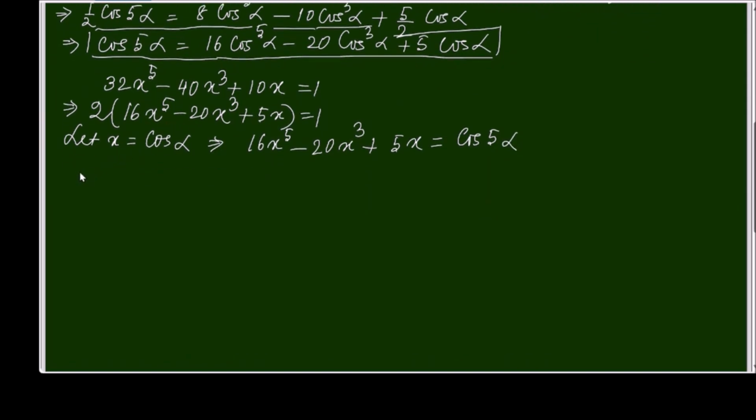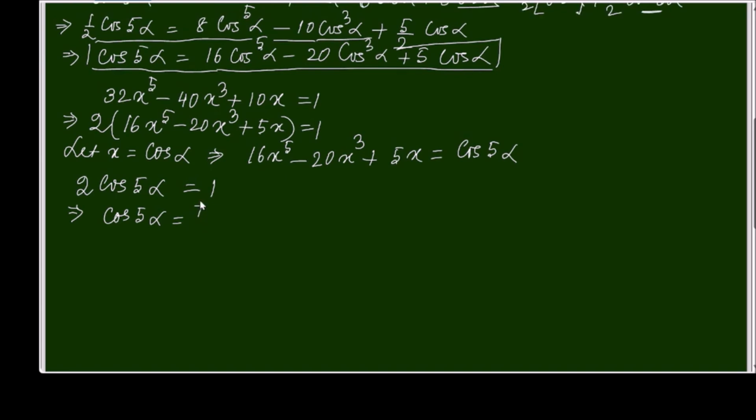We are getting 2 cos 5 alpha equals 1, or cos 5 alpha equals half. Directly we came from trigonometry to algebra to a trigonometric equation. Half means cos pi by 3, cos 60 degrees.